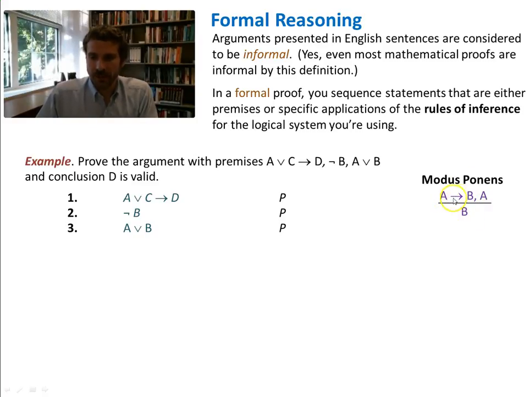So we know these two statements are true, and we can conclude B. Modus ponens doesn't help us yet. We will use it here to conclude that D is true. Once we get that A or C is true, then we'll get D using modus ponens, but we don't have that yet. We don't have a line in our proof that says A or C is true, and we cannot use modus ponens until we get that.